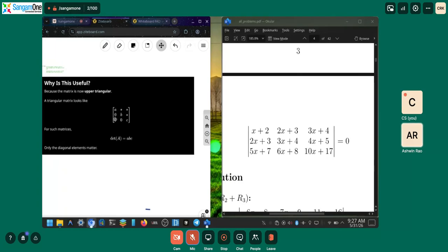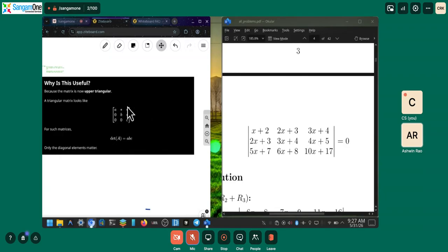This is a triangular matrix. These are the different elements, but the diagonal elements will be there, and the lower triangular part is 0. For such matrices, the determinant will be equal to A into B into C. Now, only the diagonal elements matter because this matrix is upper triangular only. Lower triangular will be 0.